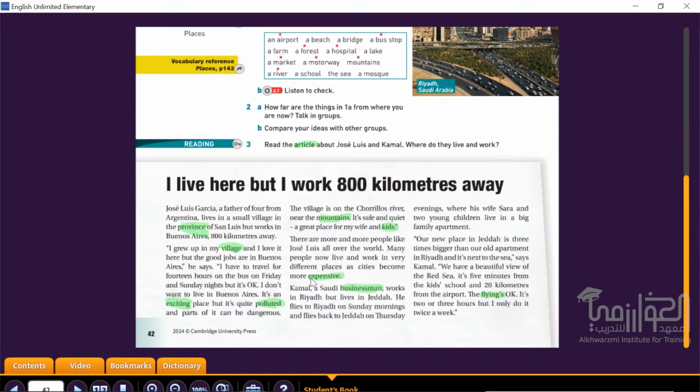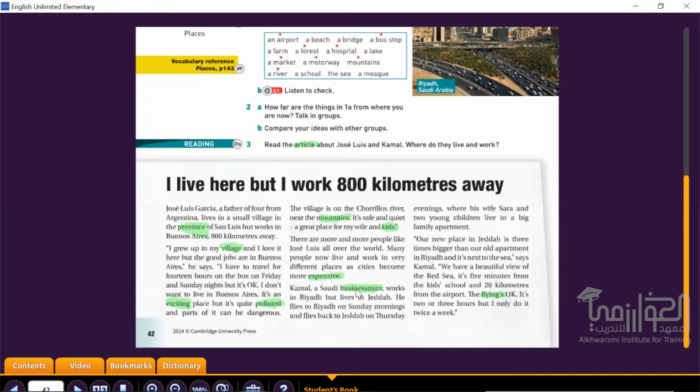And then we have expensive. That is when you spend a lot of money to buy something, we say it is expensive. That is ghali. And then we have the word businessman. Businessman is someone who does business.